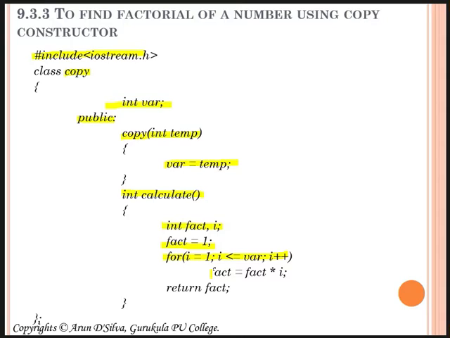Each iteration, I multiply fact by i and store the product in fact itself. After completion of the iterations, the factorial value will be generated in fact, and that value I'll return to where it is called.